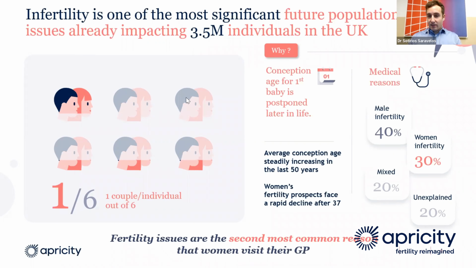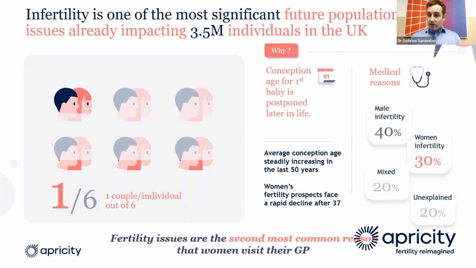One is that in the last 50 years, the average age that we're having children has gone up. So we decide to have children later on in life, either because we are busy with work, or we haven't met the right partner, or we're not ready, or mortgages are too expensive. For a number of reasons, we're deciding to have children later on in life.